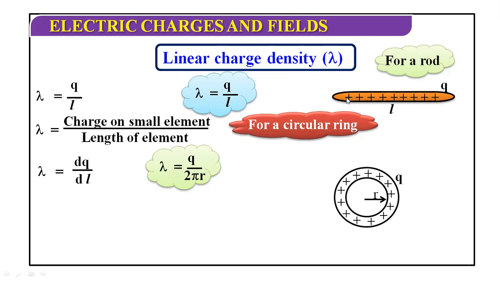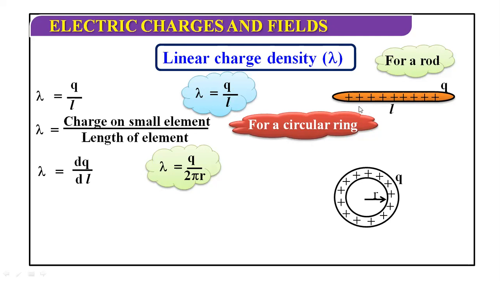So dq is placed on dl, another dq on another dl. If I move from one part of the rod to the other, all the dq are added algebraically, and finally they will give this q.